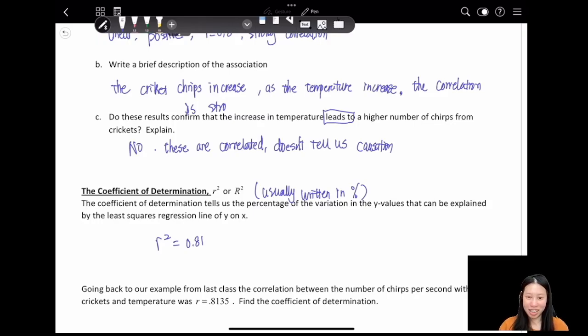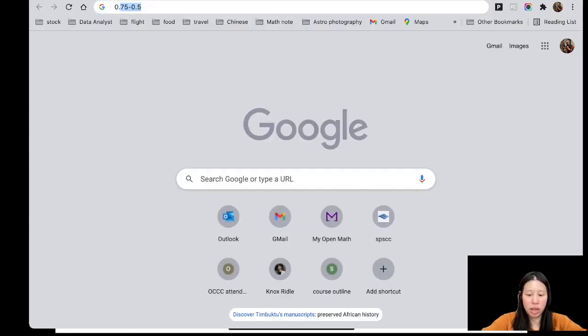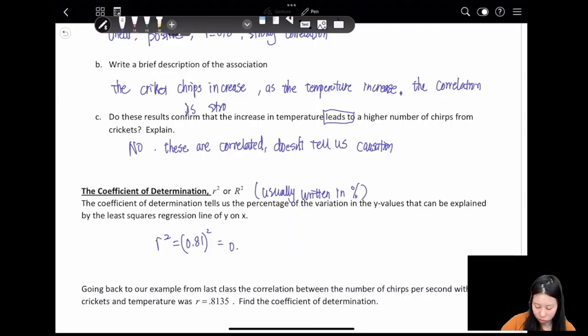Okay, so R squared, we basically just square our R, 0.81 squared. Let me use a calculator. 0.81 squared equals 0.6561. Great. Remember, R squared is usually written as a percentage, so you want to write it as 65.61%.